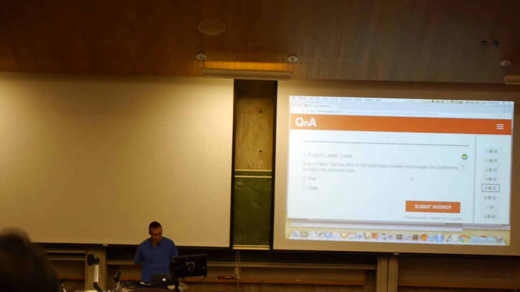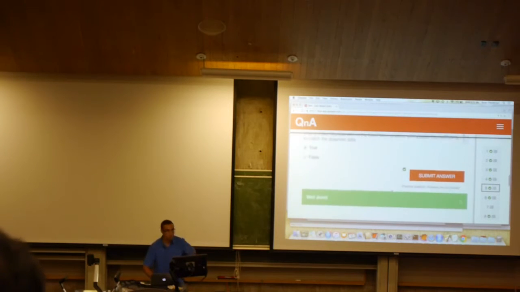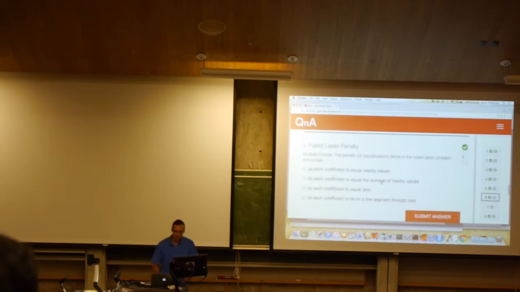Fused lasso. Fused lasso loss term encourages the coefficients to match the observed data. True, right? That one's kind of obvious by looking at the squared error loss. It was the sum of, say, y_i minus theta_i squared, where y_i was the data and theta_i were the parameters we're fitting. Fused lasso penalty.